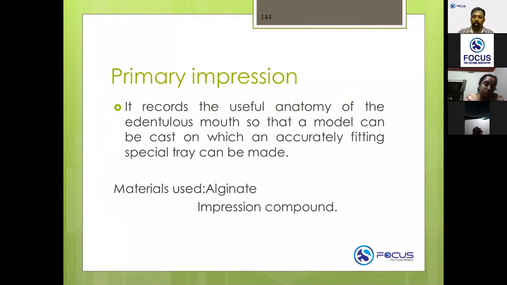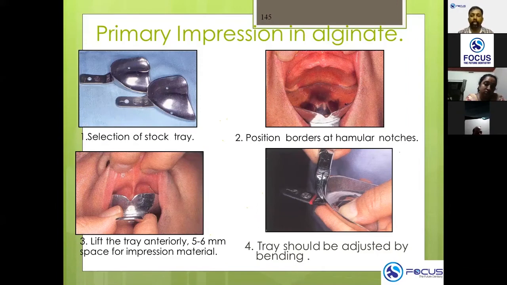In this conventional technique, we take a primary impression either with alginate or impression compound. After that, we make a special tray on the cast we get from the primary impression, which will be the primary cast. So how to take the primary impression? We have to select a stock tray for taking the primary impression.